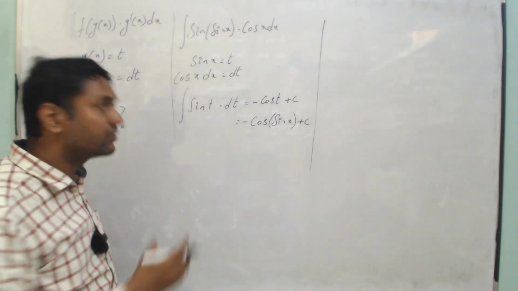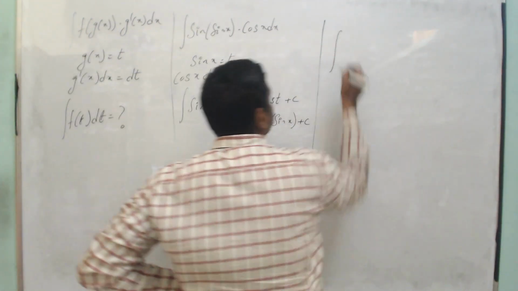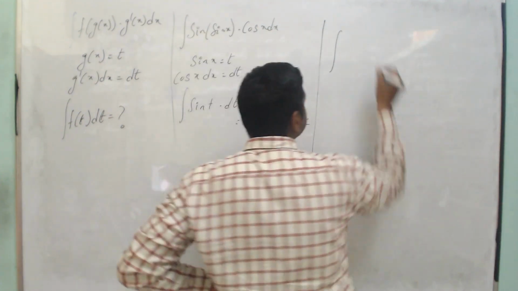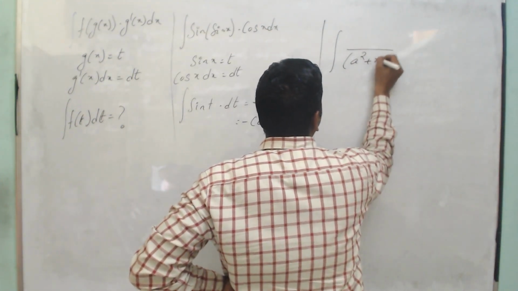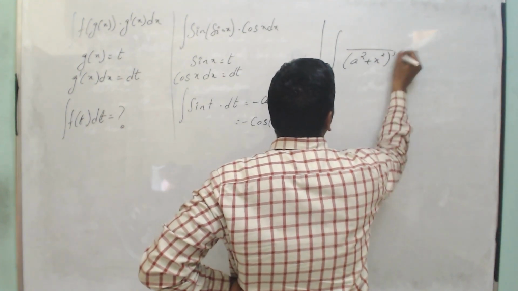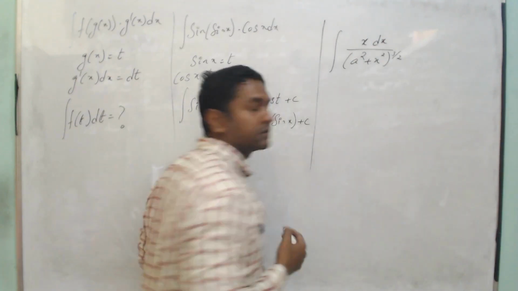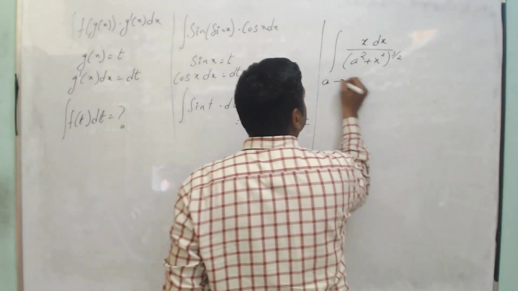Yes, sir. One question I will solve, which we will use repeatedly in our electrostatics and all these chapters. Suppose I have integral of a square plus x square whole to the power 3 by 2, and I have x dx in the numerator. A is a constant.